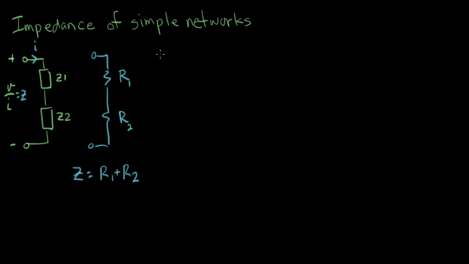Now let's make a little change. Let's make a network that looks like a resistor and a capacitor. And I want to know the voltage to current ratio, or the effective impedance of this. So we transform this circuit.